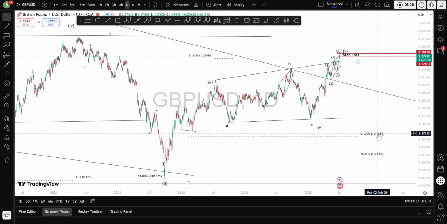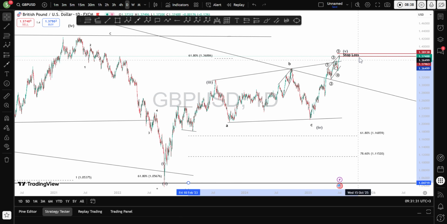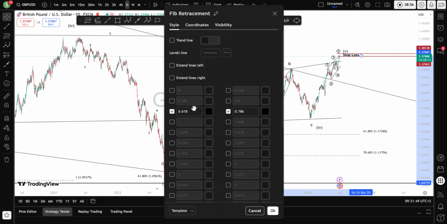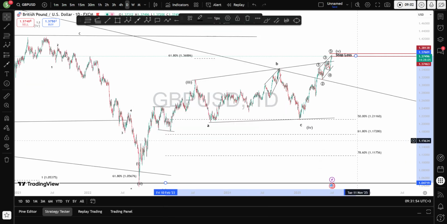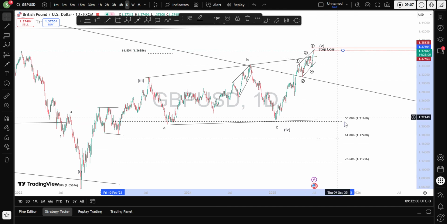So here we'll measure the distance from the start of wave 1 to the end of wave 5, and we'll target these levels, either 78.6, 61.8%, or 50%. So these will be our three targets. The first one is 50%, 61.8, or 78.6.